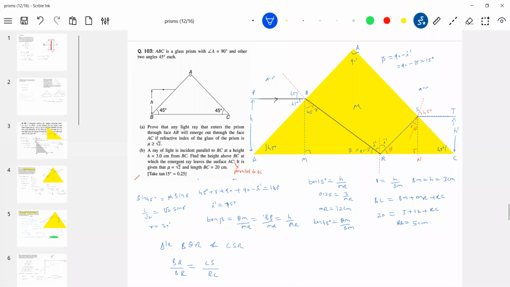Comparing those two triangles, I'll get the value of CS directly. After CS, then I can get the H dash. So therefore this CS is equal to, and then H dash we will get.